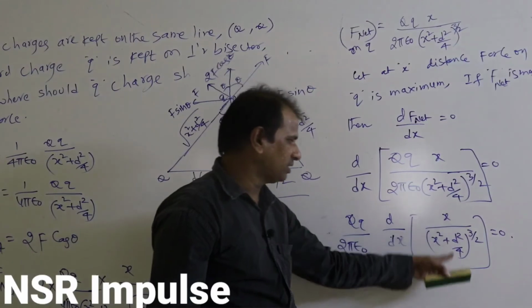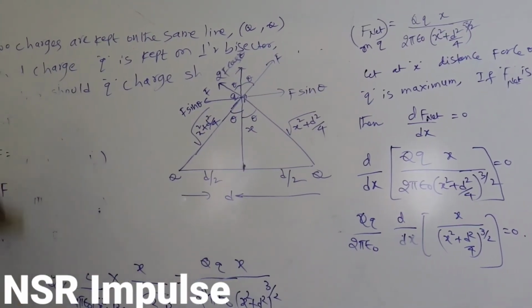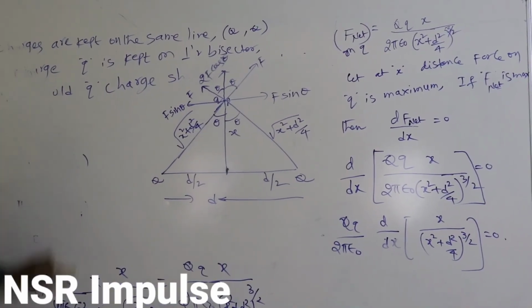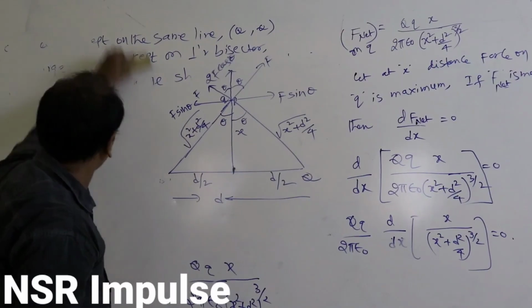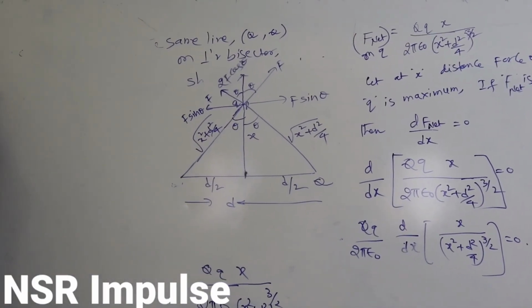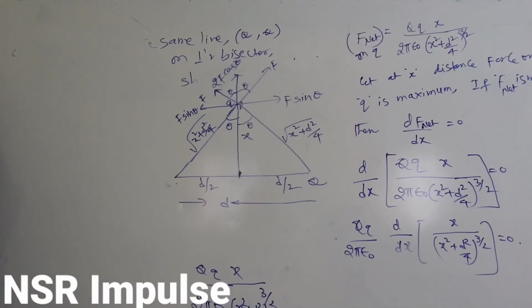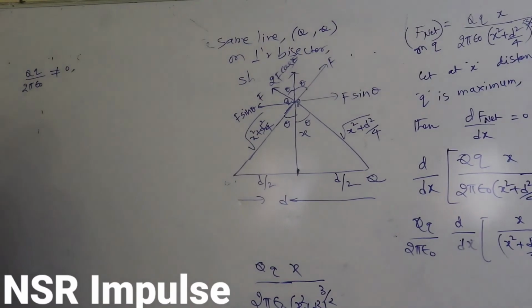Then let us differentiate that function. QQ by 2 pi epsilon naught cannot be 0.